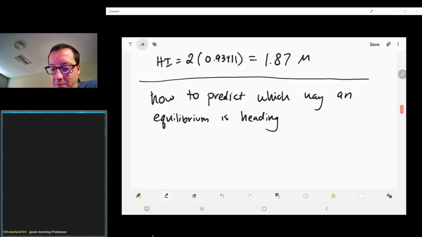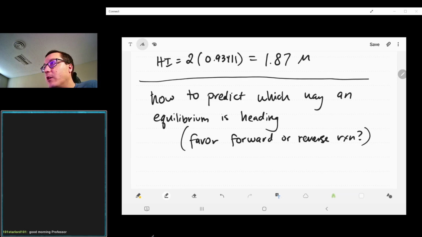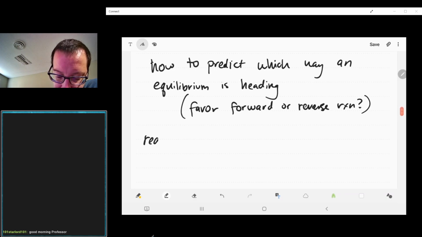So that means, is it currently going to favor the forward or reverse reaction? We're going to have another term that we're going to use in order to evaluate this question, which is called the reaction quotient.